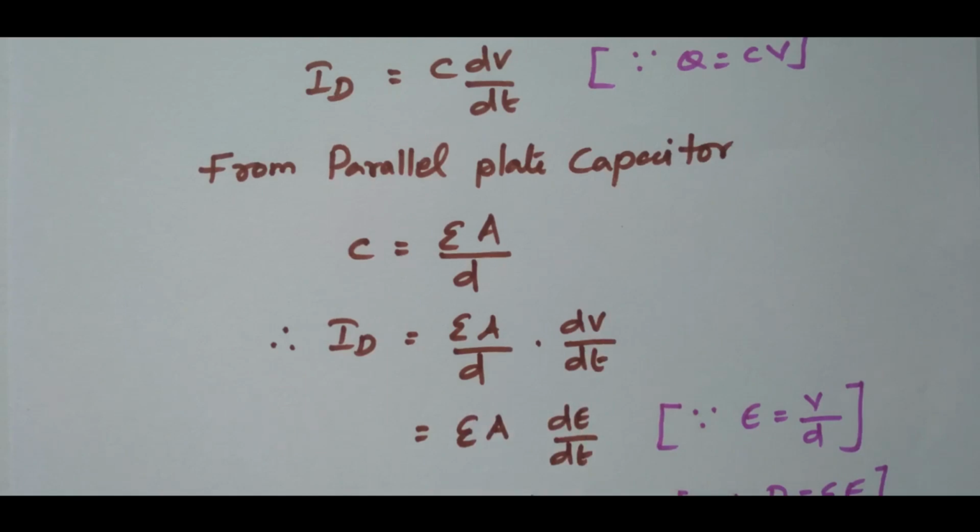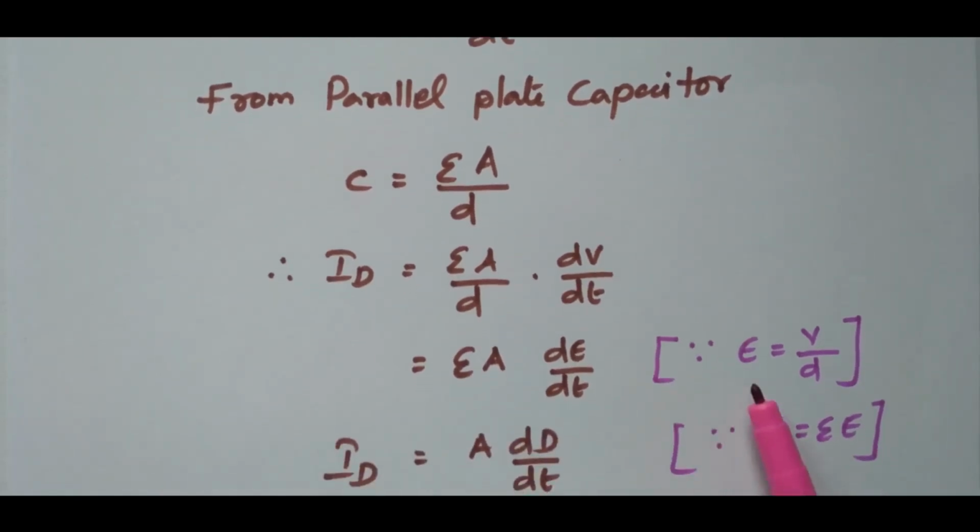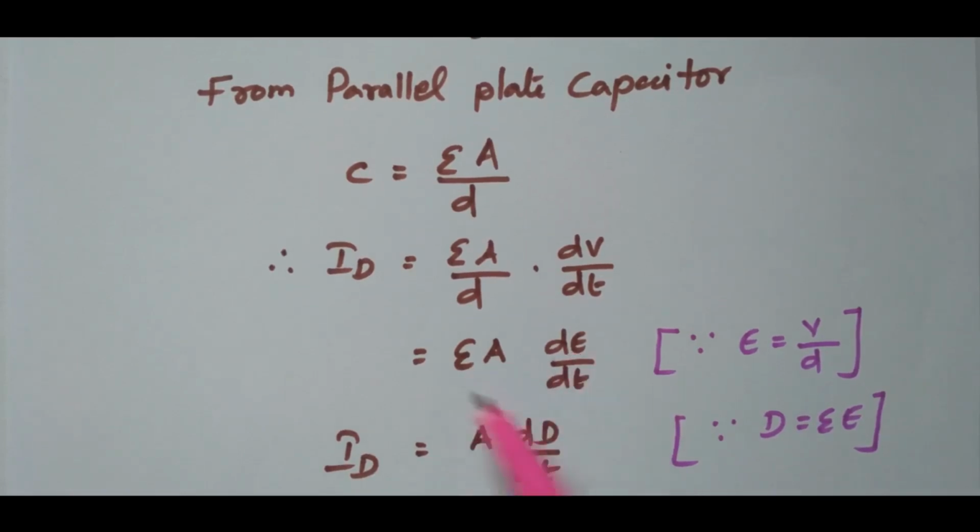Right? Now we have one more expression available, E equal to V by D, so that we'll replace this. This dV by D is replaced as E, right? And one more expression is there, epsilon E. Epsilon E is nothing but displacement density D, right?